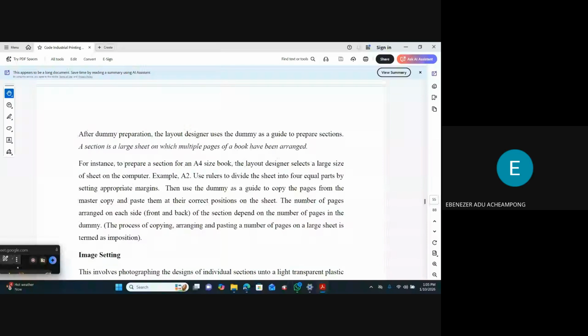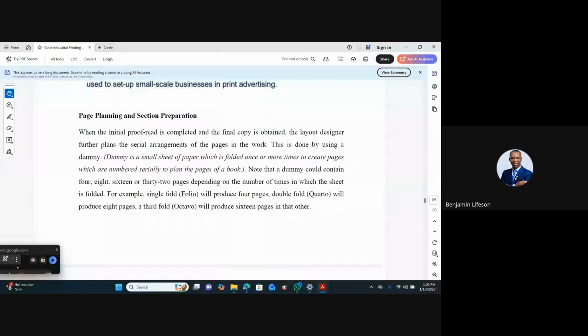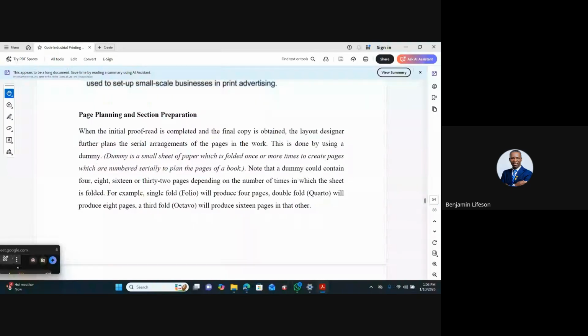Now, before we come to image setting, there's a need for us to explain page planning and section preparation. We have heard something like page planning, something like section preparation, something like folio, and something like dummy.